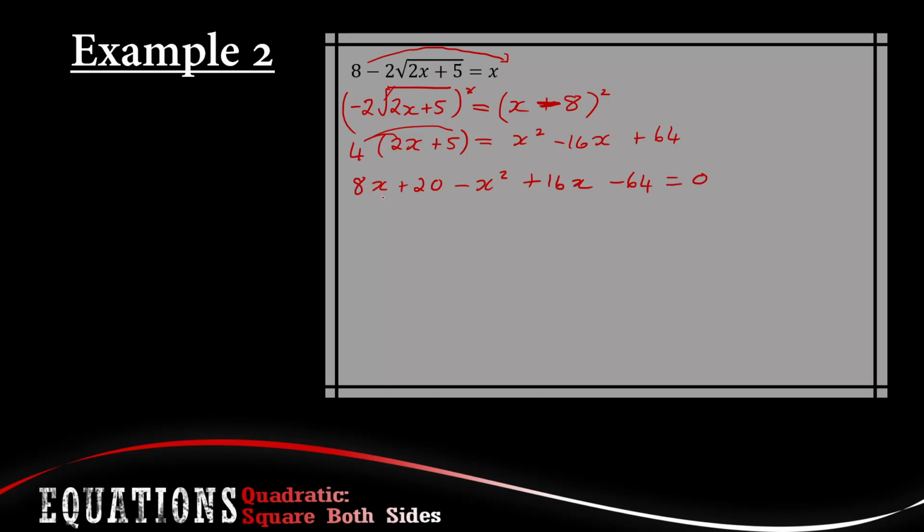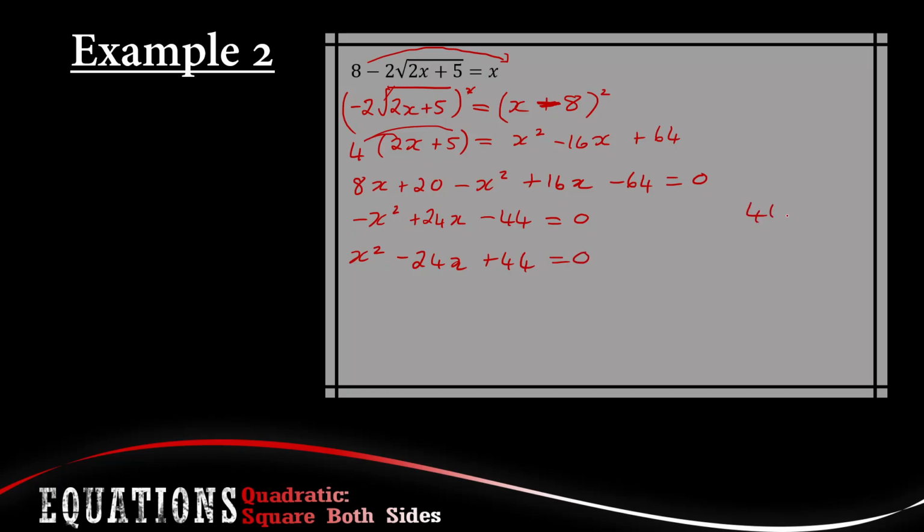Then we have negative x squared. 8 plus 16 is 24, so plus 24x, and then 20 minus 64, or if you think about it the other way around, 64 minus 20, it's easier, it's 44, but it's -44 equals 0. Okay, now we can just get rid of that negative there, so it's x squared minus 24x plus 44 equals 0.